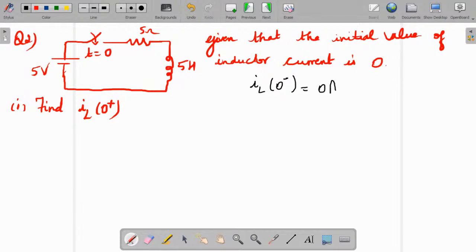Now the switch is closed. As soon as the switch is closed, they have asked for the immediate current. So the inductor does not allow a sudden change in current. So IL of 0 plus will be nothing but IL of 0 minus, which is also equal to 0 ampere. So the answer is 0 ampere.